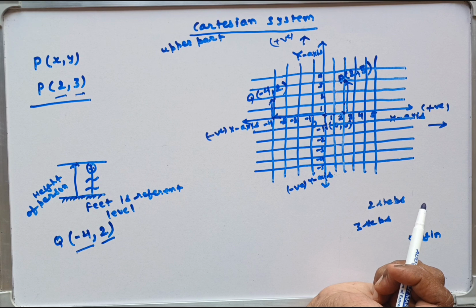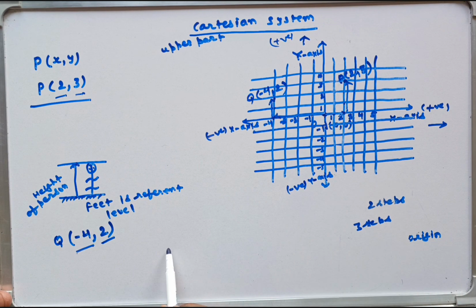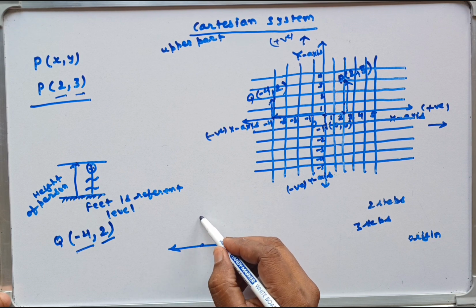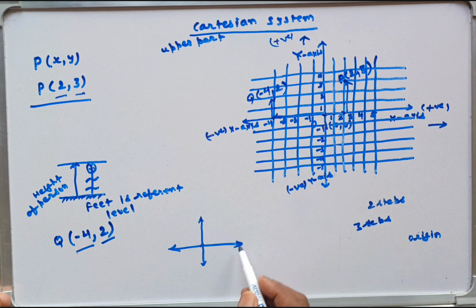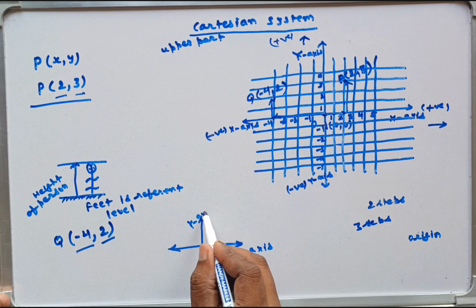Guys, now next one, suppose you want to know what a gradient is. Gradient is basically a slope with respect to the x-axis. Suppose this one is the x-axis, this one is the origin, and this one is the y-axis.